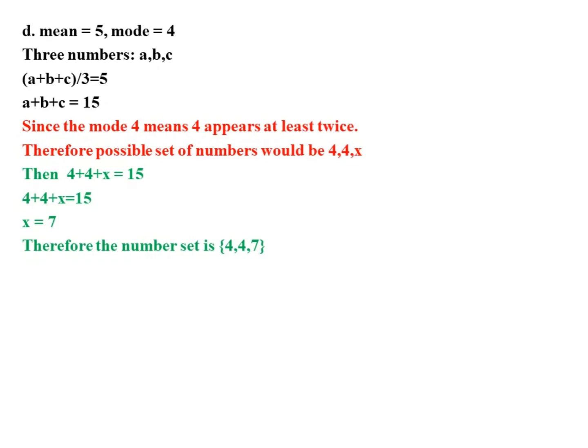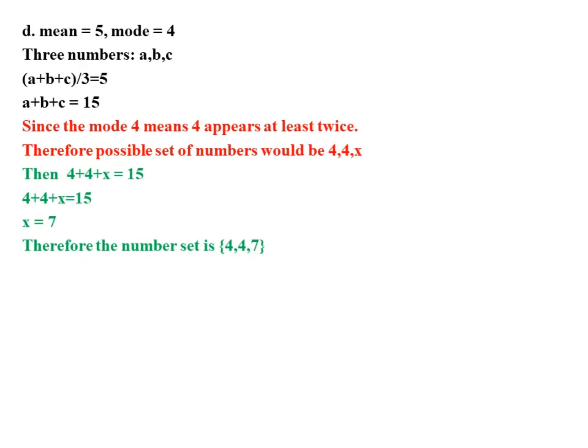Since the mean is 5, we can write the equation as a plus b plus c divided by 3 equals 5, keeping all three numbers unknown. So a plus b plus c equals 15 because the mean is 5. The problem also says 4 is the mode, so the number 4 should appear at least twice in this number set.